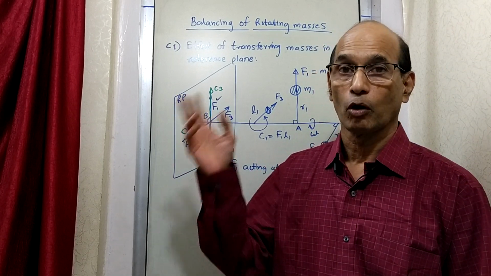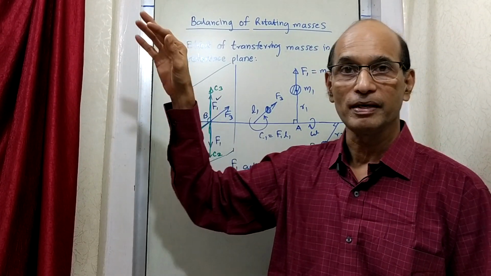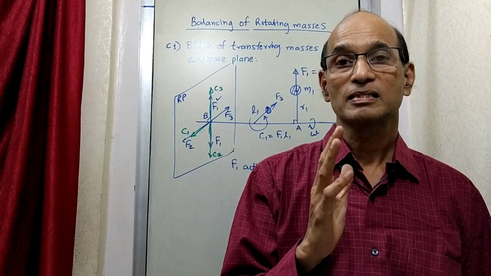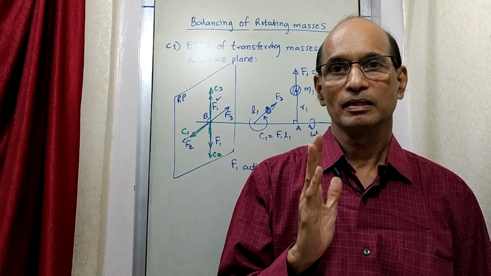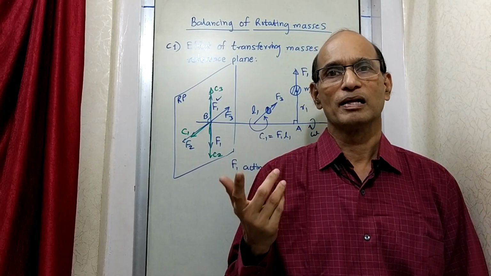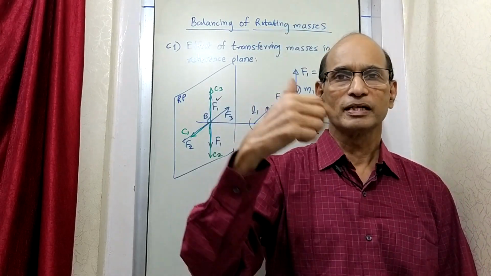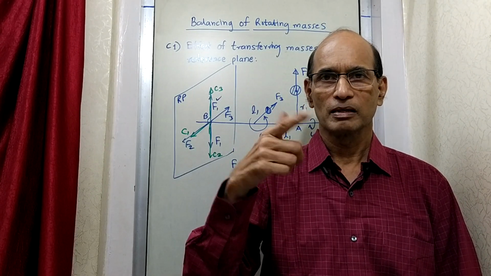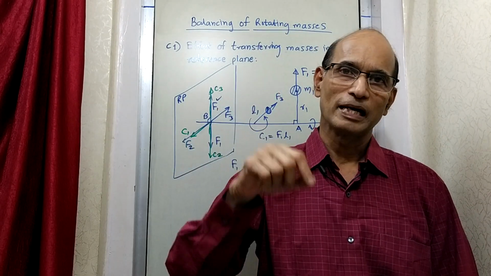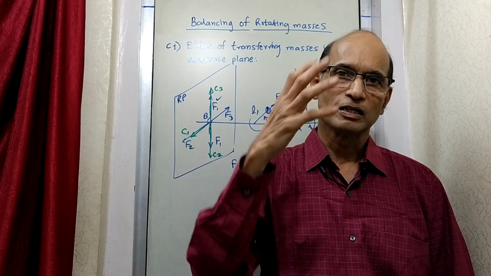So if you remember what was B, this is C1, what was B? B was a case where we saw how to balance multiple masses in the same plane. If in the same plane there are multiple masses, how to balance them? We have drawn the centrifugal forces of all the 3, 4, 5, whatever masses are there, and the balance mass was added. Suppose there are 5 masses, so 5 centrifugal forces.